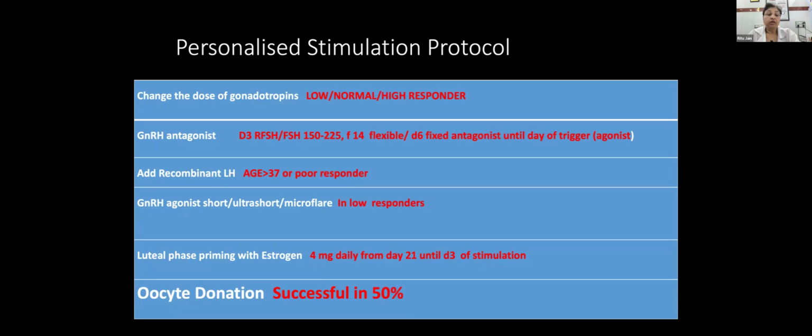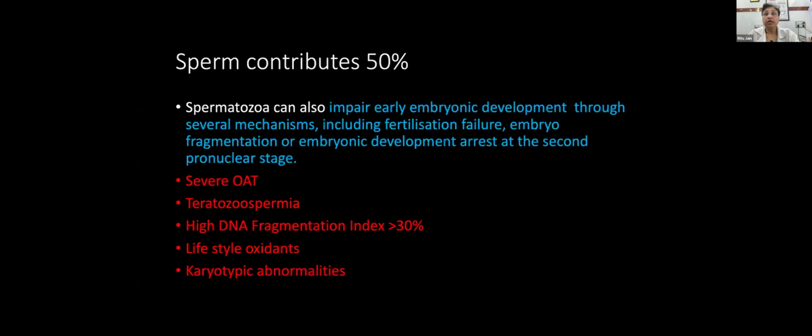And last comes oocyte donation when nothing has worked in 3 to 6 cycles.